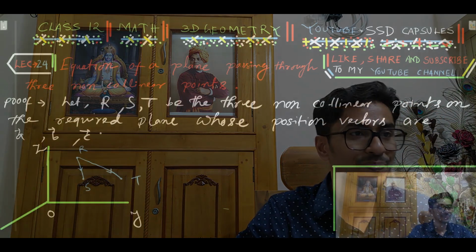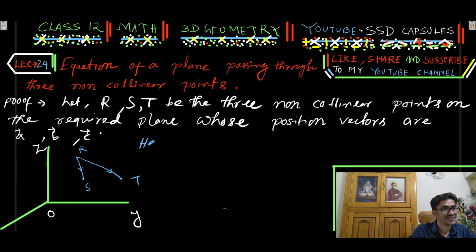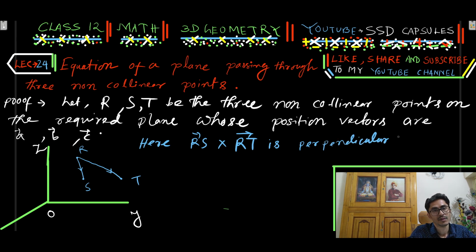So here RS vector cross RT vector is perpendicular to the plane.